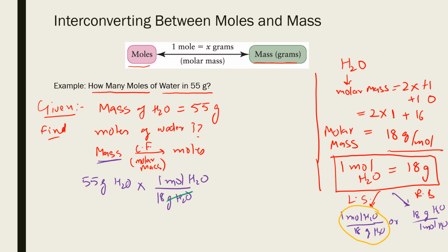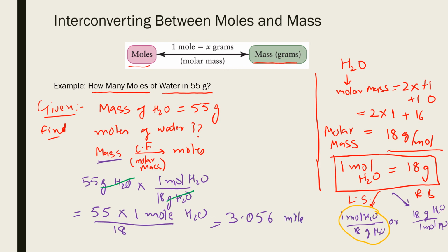So grams water cancel, and the remaining calculation is 55 multiplied by 1 mole water divided by 18. When we solve this one, the answer comes out to be 3.056 moles of water. So that many moles of water.